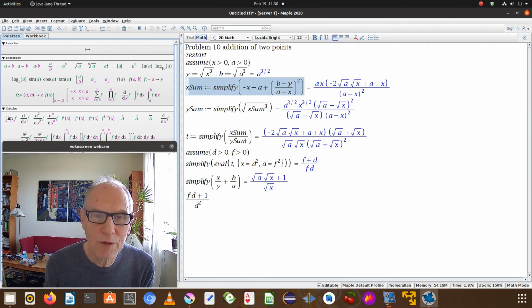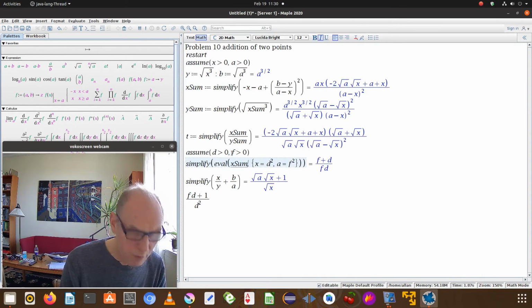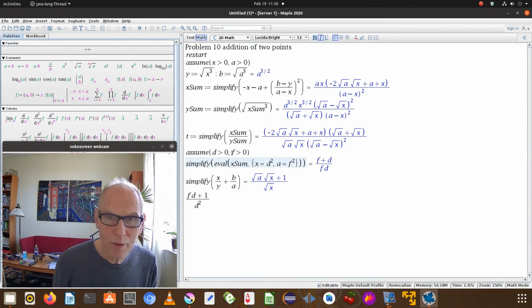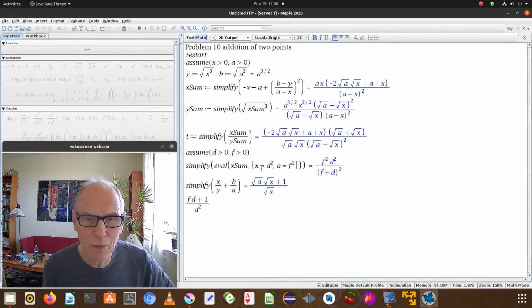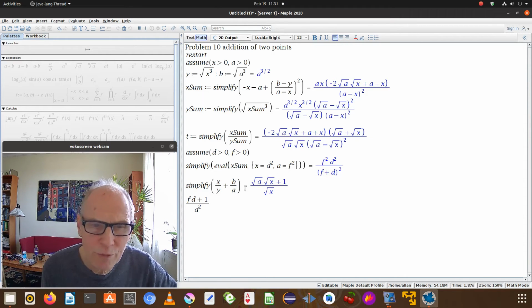And then when we just use x sum instead here, maybe I made a mistake in the y value. Yeah, that had to be minus, of course, but let it be for now.